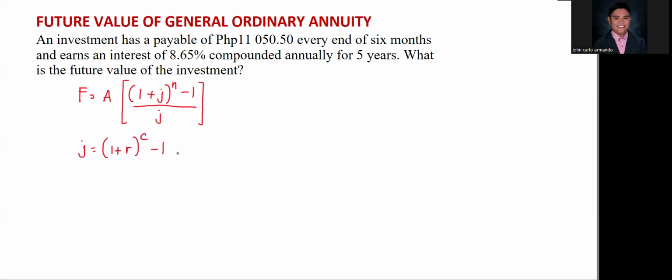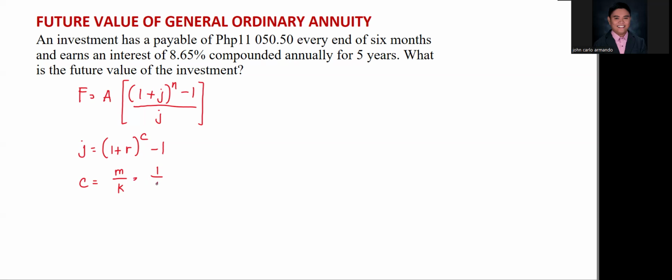So we need first the value of C. And C equals M over K. M is the compounding period and K is the frequency of payment. As you can see, the compounding period here is 1 because it is compounded annually. Then the K here is 2 because the payment is done every end of 6 months, meaning twice a year.